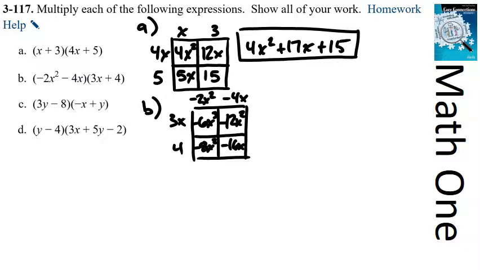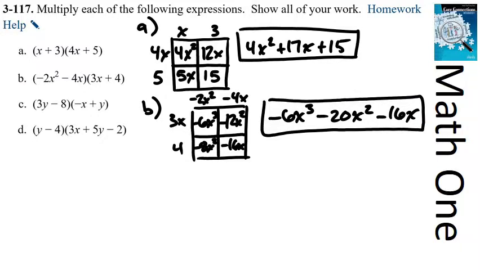So my final product then, when I go ahead and combine up the like terms, I've got a negative 6x cubed, and I can combine my x squared terms. I have a negative 12x squared and a negative 8x squared, which when combined is negative 20x squared. And then finally, I've got a minus 16x. So that is precisely the product for B.